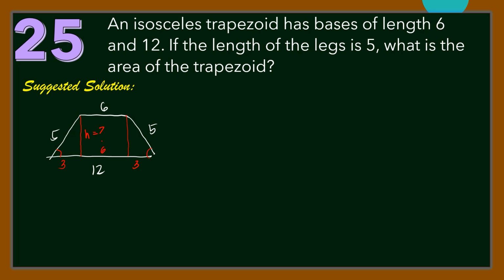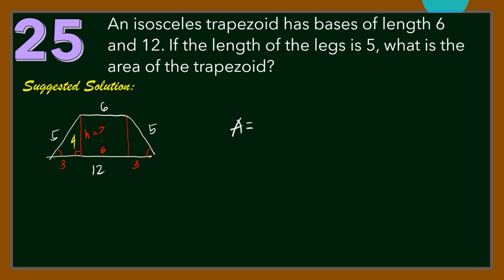Since the altitude is perpendicular to the base of the trapezoid, then we have a right triangle with hypotenuse 5 and a shorter leg of 3. Then by Pythagorean triple, we know that the right triangle would have the lengths 5, 3, and 4 units. So the height of the trapezoid is 4 units. Then we can solve for the area.